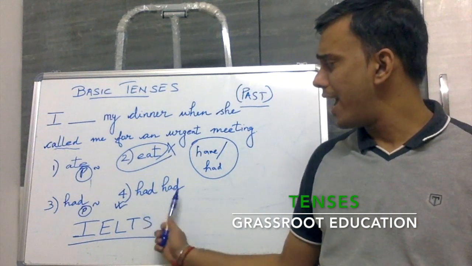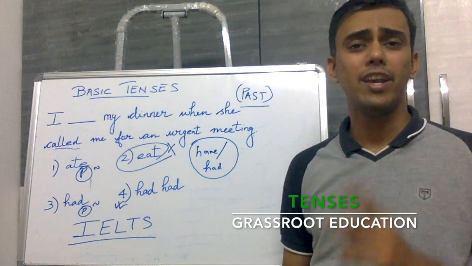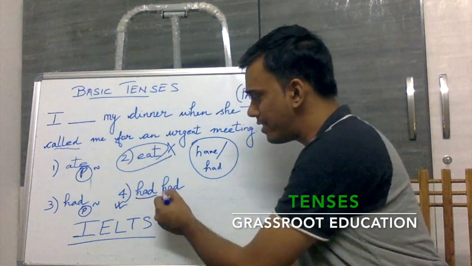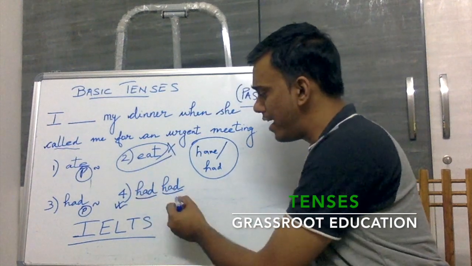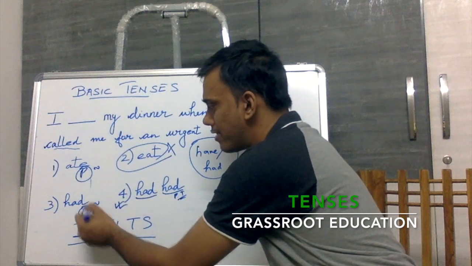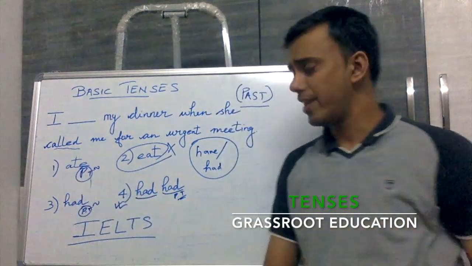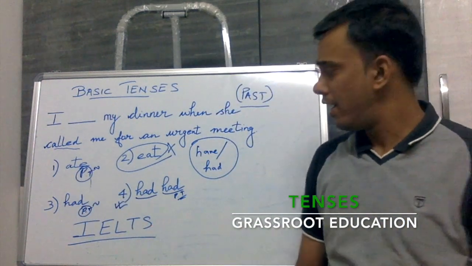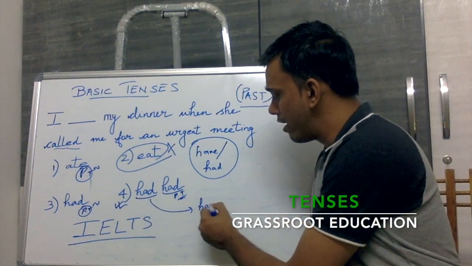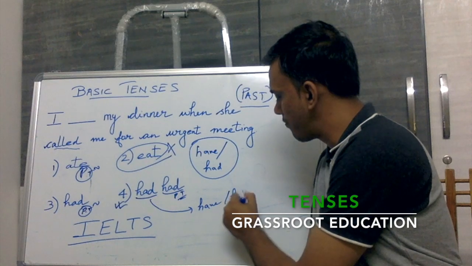When I come to had, now there are two ways. Now let's come to this had, and this had. This particular had is the same past tense that we had here. The past tense here and the past tense here. This had is the same. Now this particular had has a different have had usage.